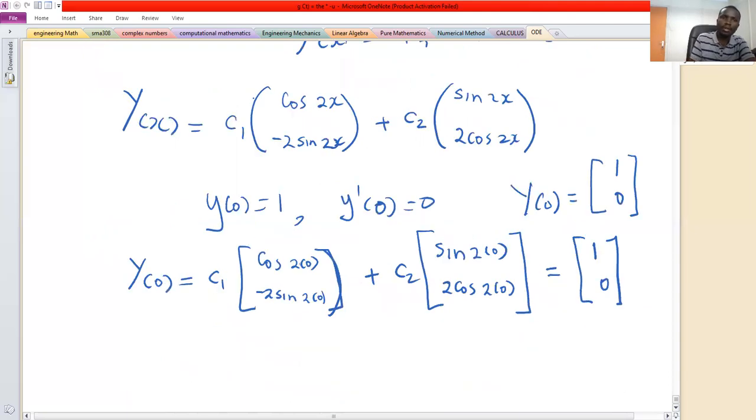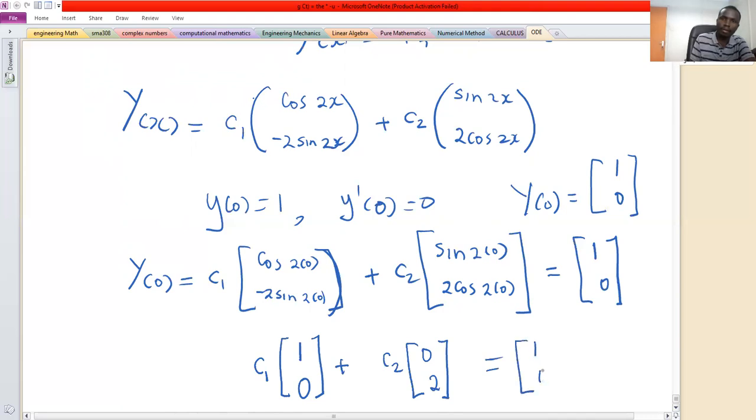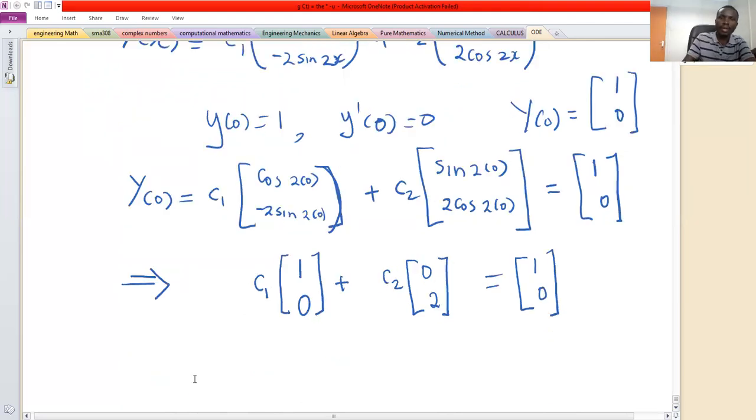Now, 2 times 0 is 0, so cosine of 0 is 1. Sine of 0 is 0, times minus 2 is 0. Sine of 0 is 0. Cosine of 0 is 1, times 2 is 2, equals 1, 0. Now just multiply by these constants.